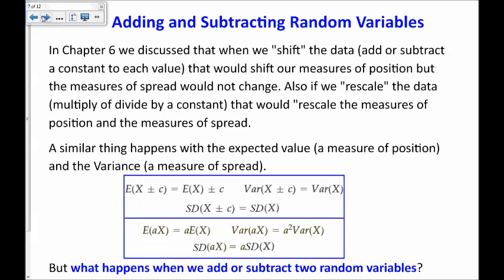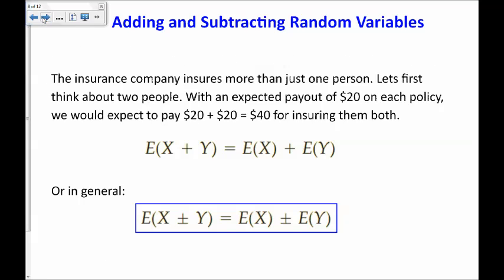Okay, let's go back to the insurance company, and we know that the insurance company will insure more than one person. Okay, so let's think about two people with an expected payout of $20 per policy or per person. We would expect to pay 20 plus 20 or $40 for insuring them both, or paying out $40 if we're insuring both of them.